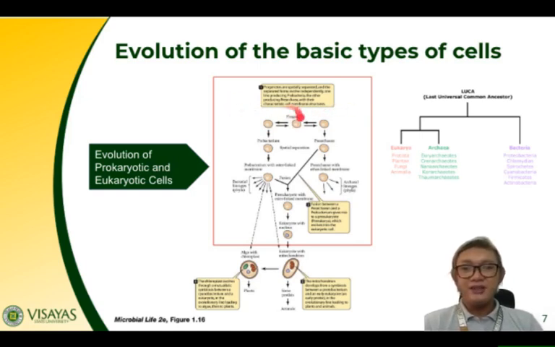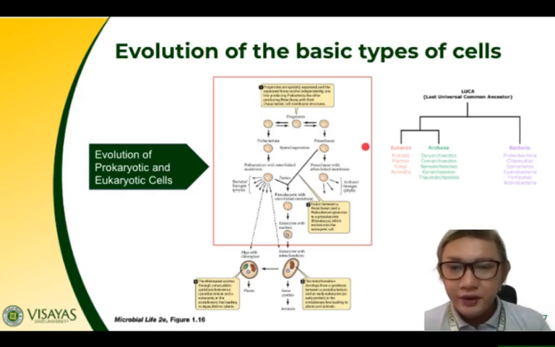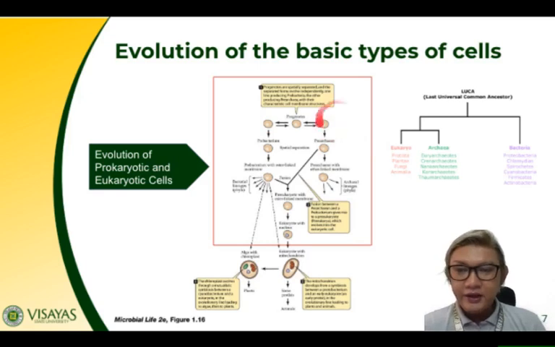Now these places may be of different environmental conditions, and we know for a fact that conditions really affect how a particular entity evolves. So because of the differences in the conditions, as the progenotes were separated, some of the progenotes in one place evolved and became the pre-archaean, and others evolved and became the pre-bacterium.